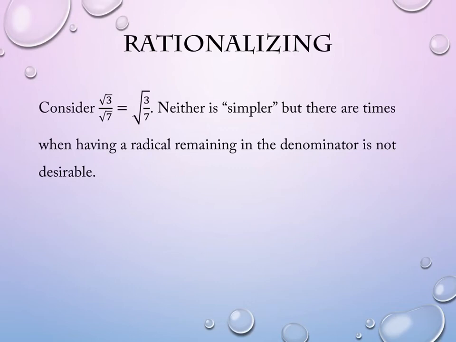Those are two forms of the same thing. Neither one's really simpler. There really is not a preferable option here. They're both equally unhelpful in terms of I can't simplify any further. Agreed? They don't really look any better. But there are times when having a radical remaining in the denominator is not desirable.